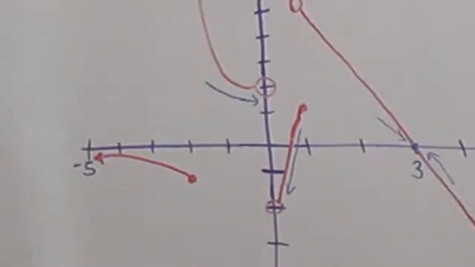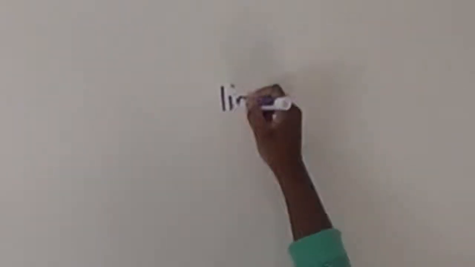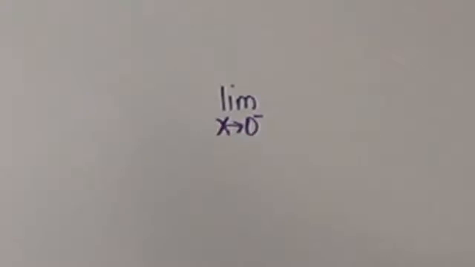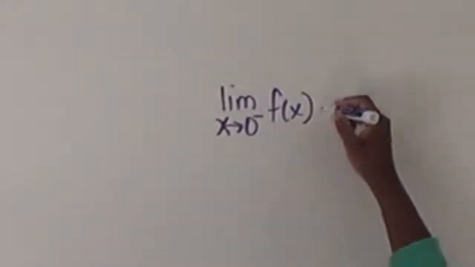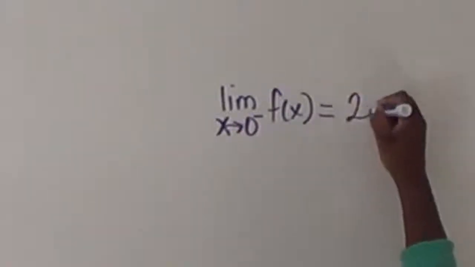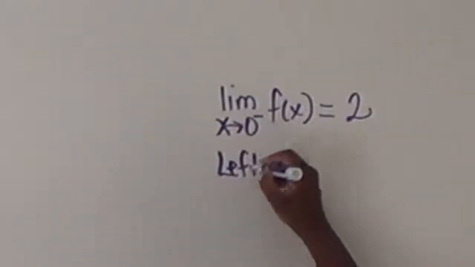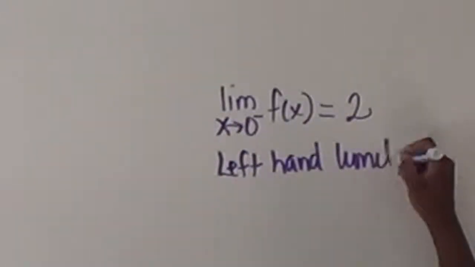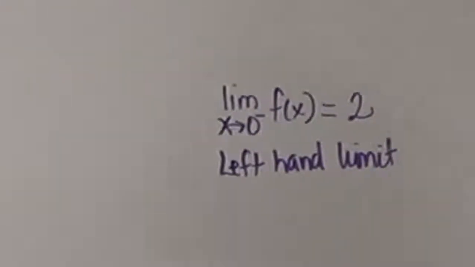So here, if I look at the limit as x approaches 0 from the negative side of f of x, like we said, we can see that the value becomes 2. So this is what we call the left-hand limit of a function, or the limit as it approaches from the left.